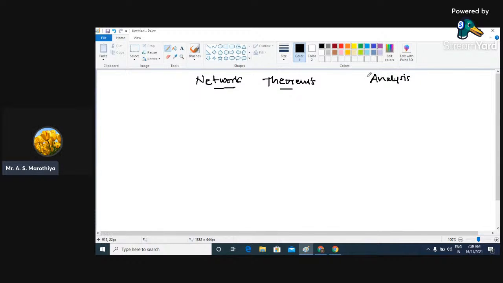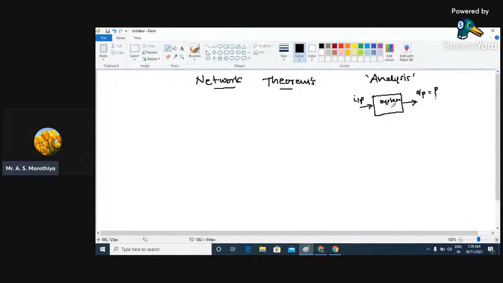See here, analysis is nothing but a process in which, suppose we have a system, and to that system we apply some input in the form of excitation, which is known to us, and we are trying to find out what will be the output of this particular system.